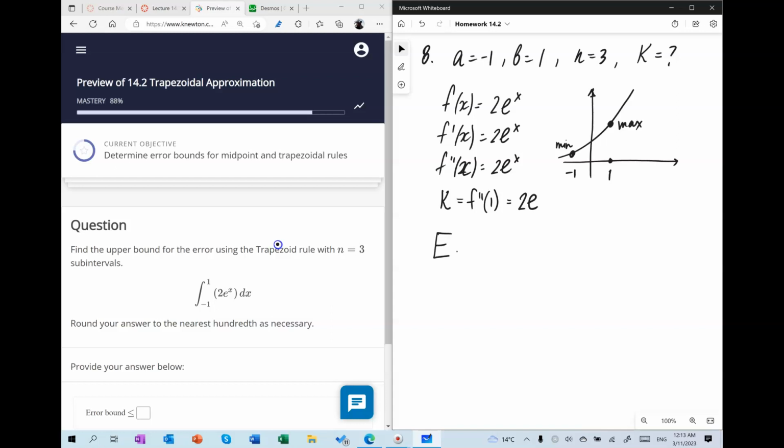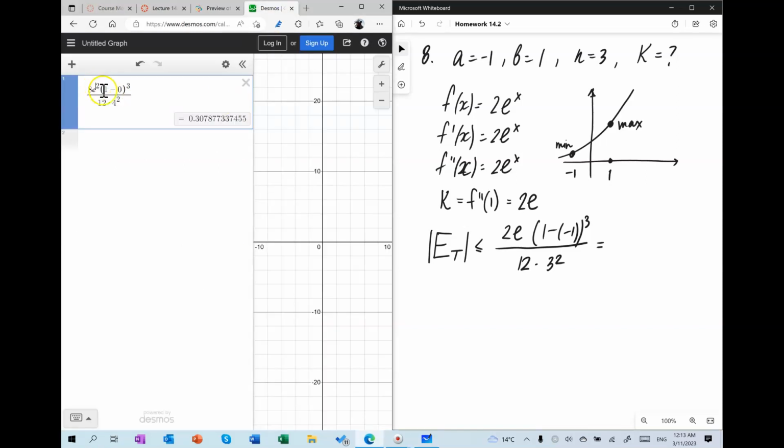And now finding the upper bound for the error, we just use this formula. And once again, I'm going to delegate this task to Desmos.